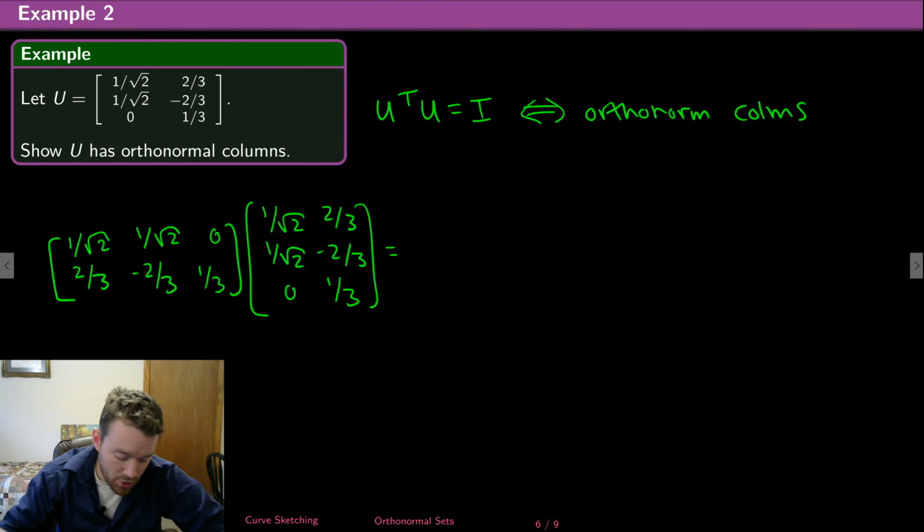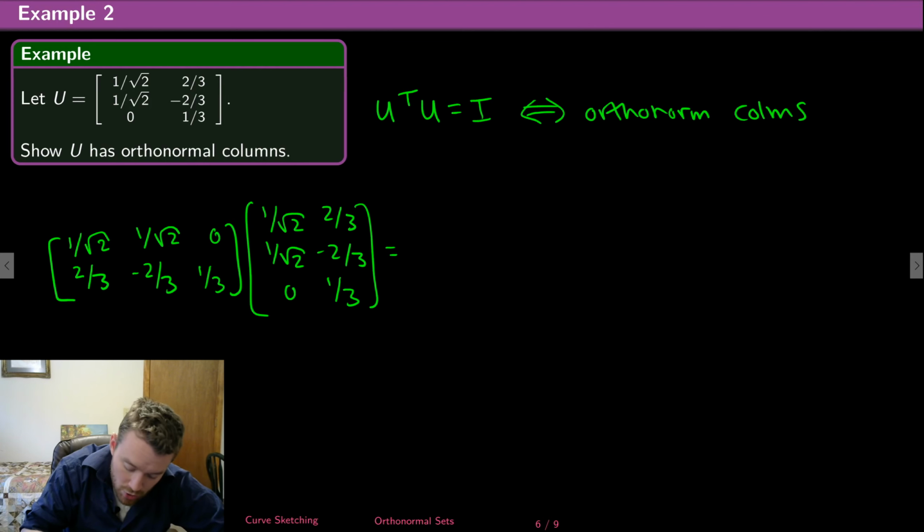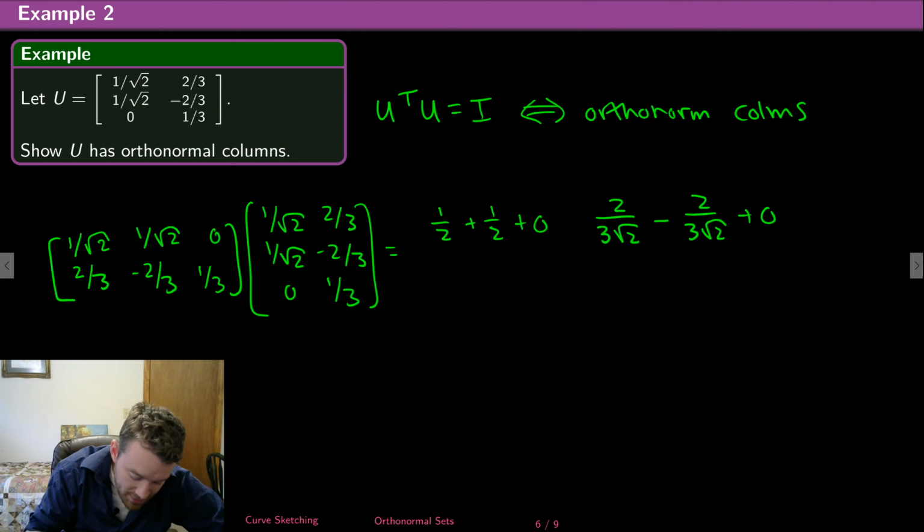And so entry by entry, 1 over root 2 times 1 over root 2 is 1/2. Again, 1 over root 2 times 1 over root 2 is 1/2, and 0 times 1/3 is 0. In the next entry, I have 1 over root 2 times 2/3. This is 2 over 3 roots of 2, minus 2 over 3 roots of 2, plus 0. In this next entry, I'll have 2/3 times 1 over root 2 again.